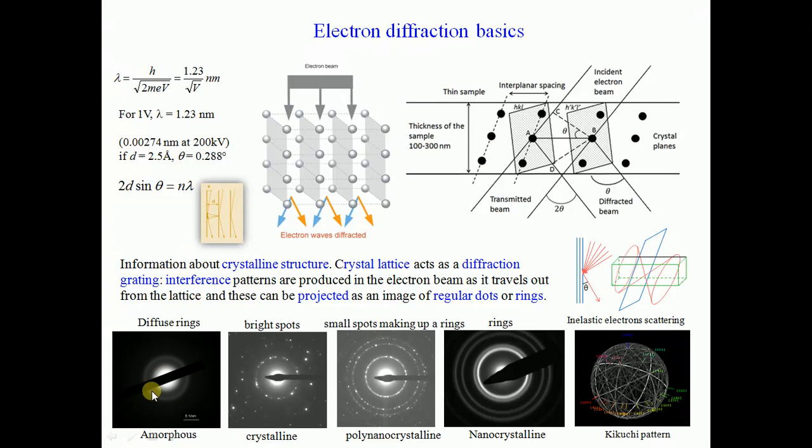So no dots, no rings, no circles, a diffuse type of pattern, then it is amorphous. And if you get bright, circular spots, then it is crystalline. If the bright spots are densely arranged on the circular radius, then it is polycrystalline.